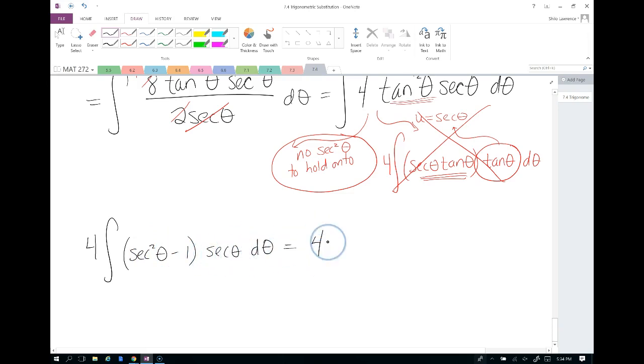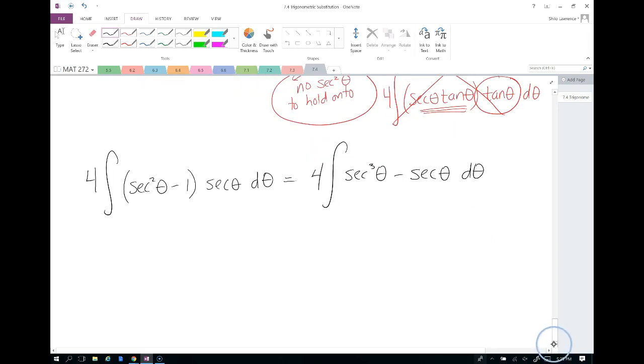And if we distribute that, that is secant cubed minus secant. We're going to think of this as two different integration problems because we're going to integrate both of them very differently.